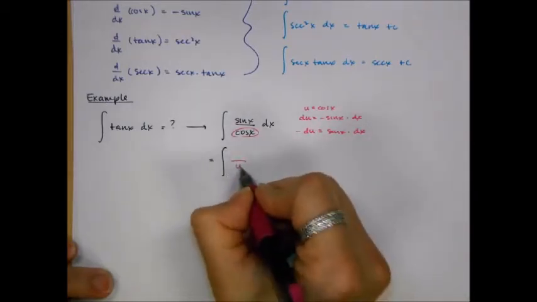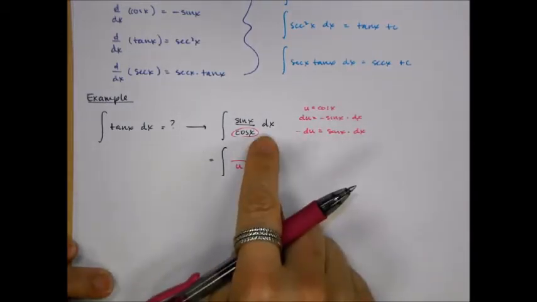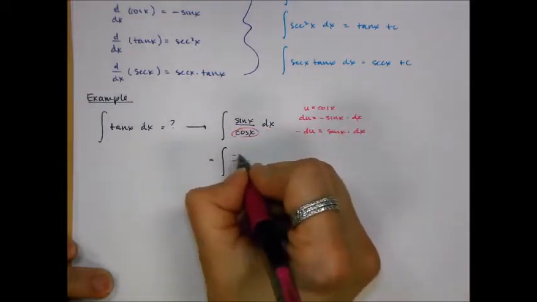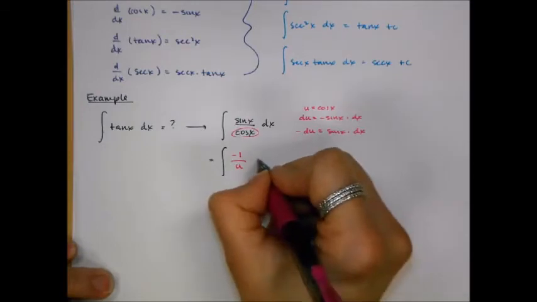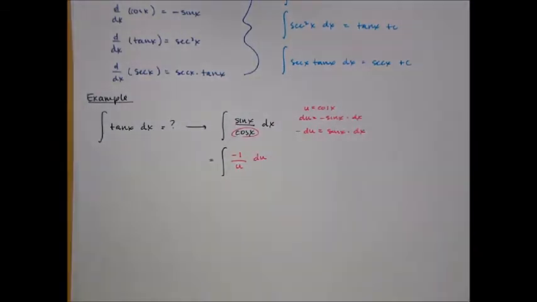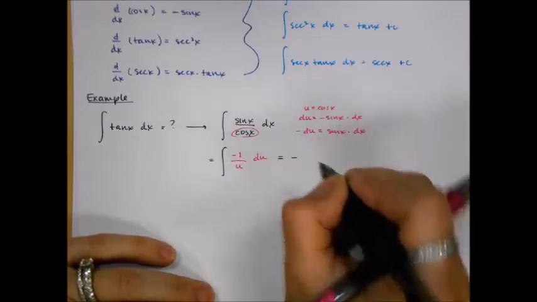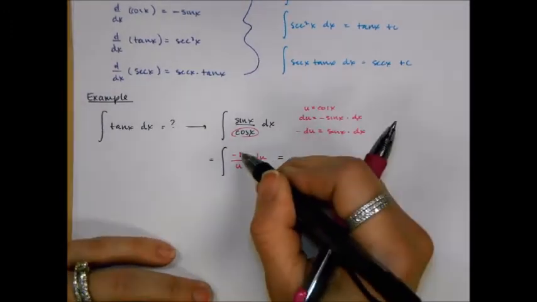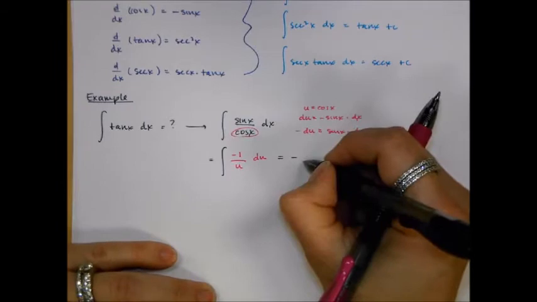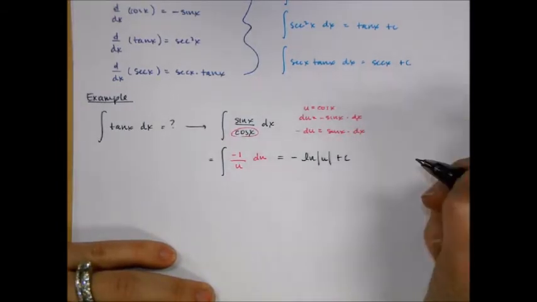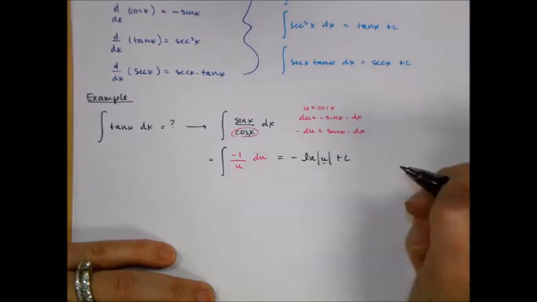So my integral becomes u replacing cosine, and sine x dx will be replaced by a negative, so I'll go ahead and make it a negative 1 du. Now the negative is just a coefficient, so when I integrate, I'll get a negative. I'm left with integrating 1 over u, which integrates back to the natural log of the absolute value of u plus c. So I substitute back in for u cosine.